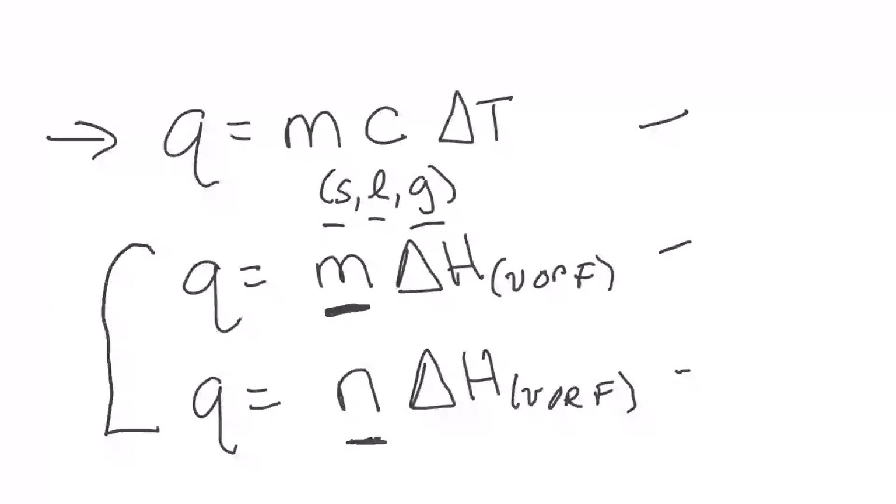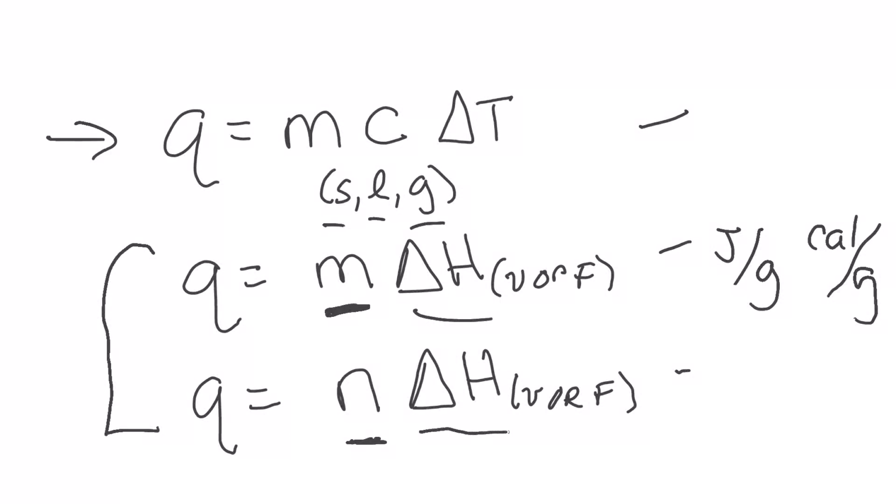So how do I know which of these two equations to use? As I said, you're going to use one of these two equations when you're boiling or freezing or melting or condensing, when you're changing state. If the delta H is given to you in joules per gram or calories per gram or kilojoules per gram, some energy per gram, then you're going to multiply it by the mass so that the grams will cancel.